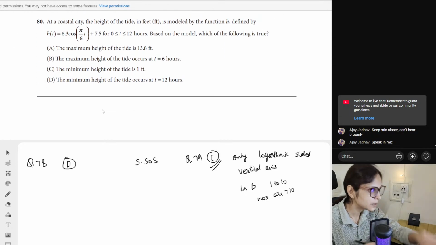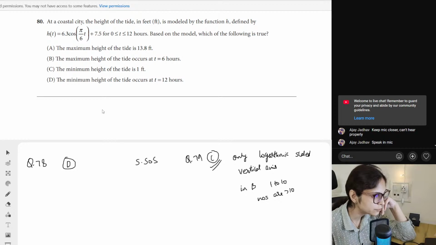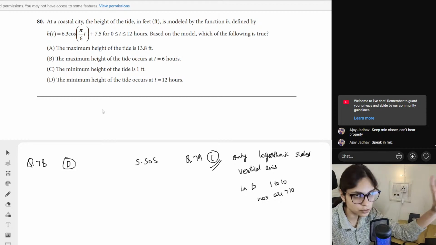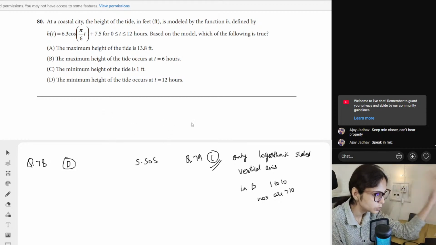It is asking that at a coastal city, the height of the tide is modeled by the function h of t is equal to 6.3 cosine of pi over 60 t plus 7.5 for t from 0 to 12. Based on the model, which of the following is true? The maximum height. So they're talking about the maximum or the minimum height. So let's graph it.